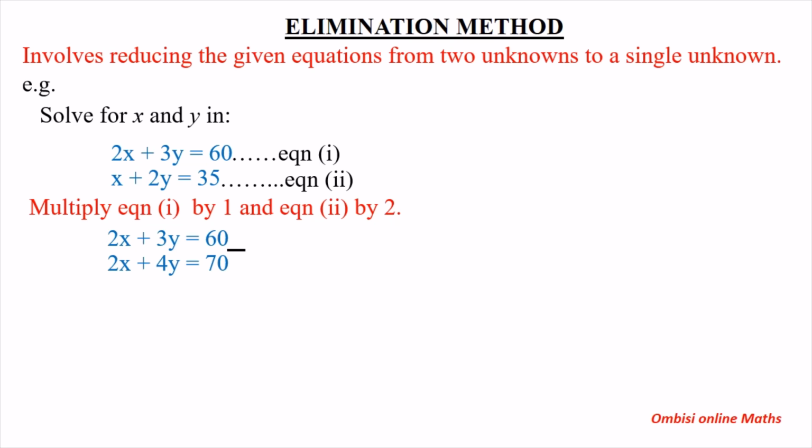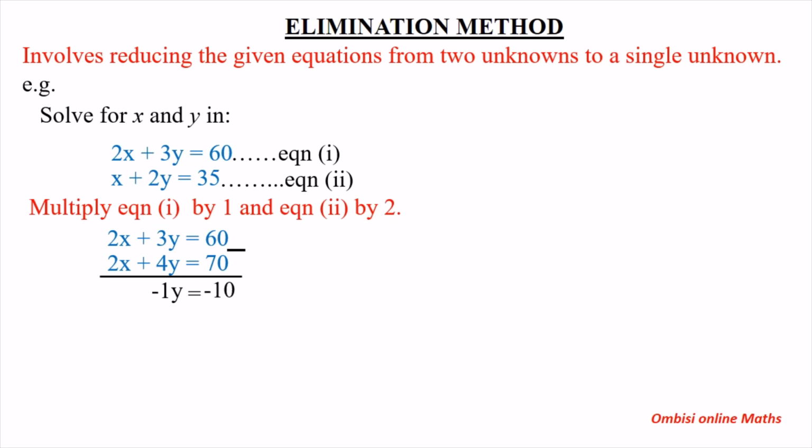It is 2. So when you subtract, 2x minus 2x, you'll get 0. And 3y minus 4y, you'll get negative y. Which gives us 60 minus 70, you'll get negative 10.